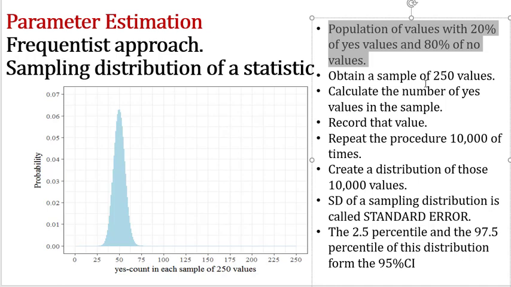So that's why we need to be very careful when we present our estimation of a parameter using the frequentist approach, that we only say what we can say. Given the assumption, this is our estimation, and we cannot say that we are 95% confident that the proportion of the population is within this interval. We can only say that the procedure we use to create this interval gives a correct estimation 95% of the time.